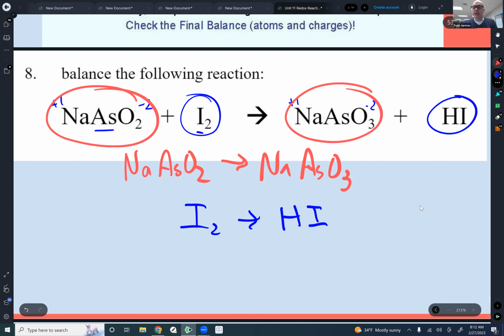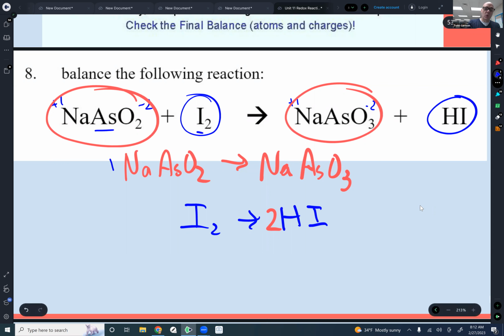Okay. Second step says balance everything that's not hydrogen or oxygen. So that means I need to put a 2 in front here to balance the iodines. That's step 2. I have one Na on both sides at the top up here. I have one As on both sides, so that's okay. Now we move on to step 3. Step 3 is to balance the oxygens. You balance oxygens by adding water.